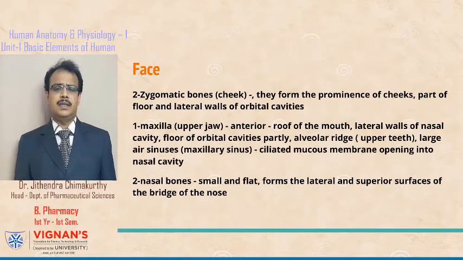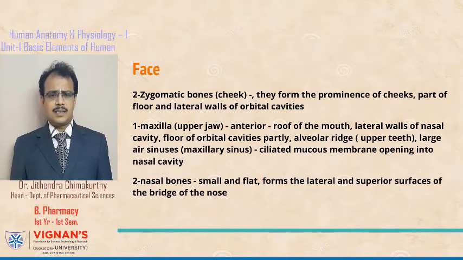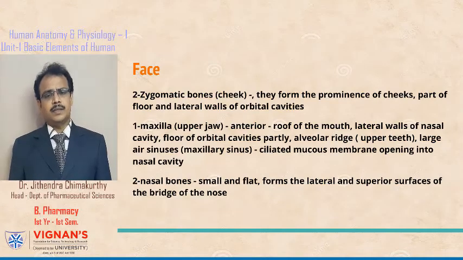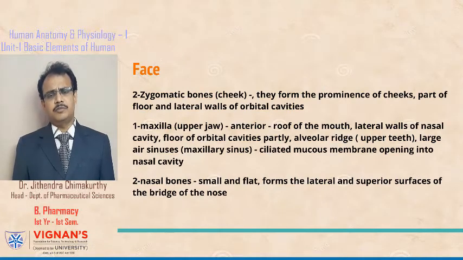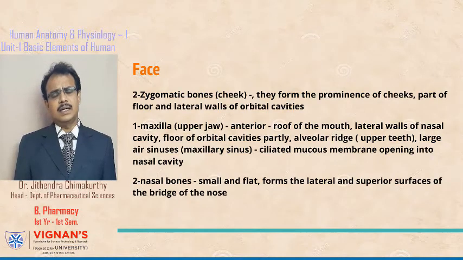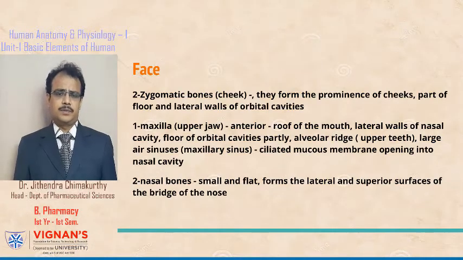Next we will see the nasal bones. There are two nasal bones which form the bridge of the nose. They form the superior and lateral surfaces of this nose.